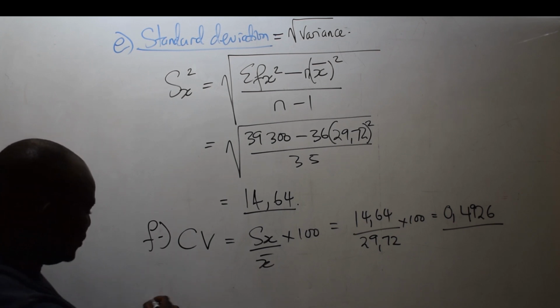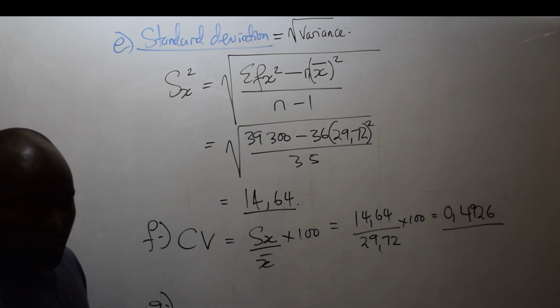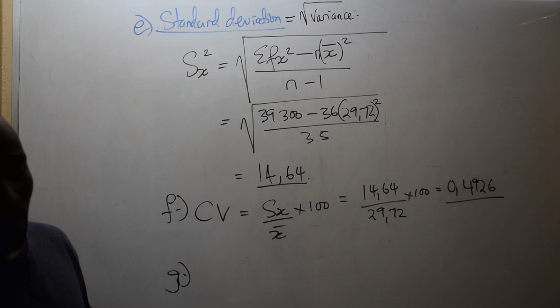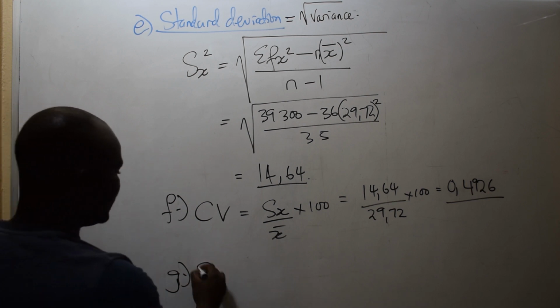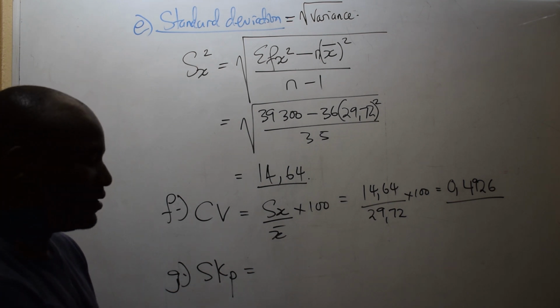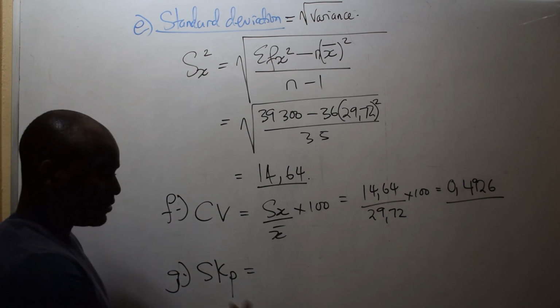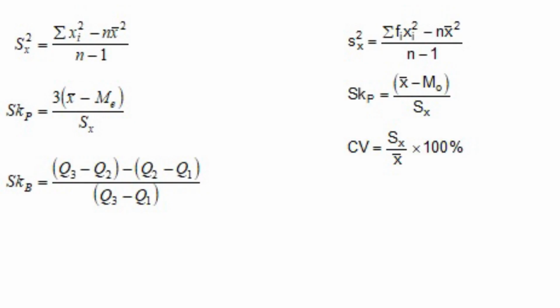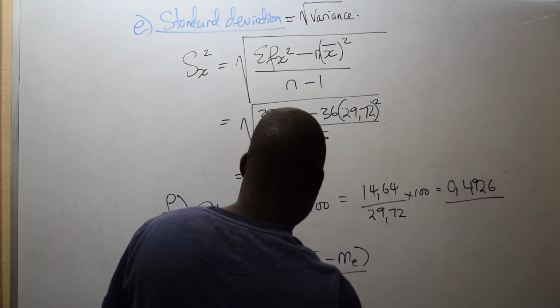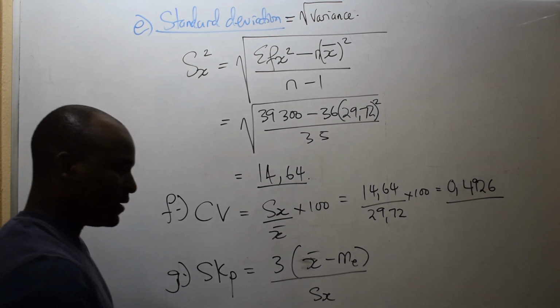Question number G says calculate the coefficient of skewness, SKP. We can use what we call the Pearson's coefficient of skewness. There are other different formulas that are still applicable depending on what you were told to use. So this is 3 multiplied by x bar minus the median, over the Sx, the standard deviation.